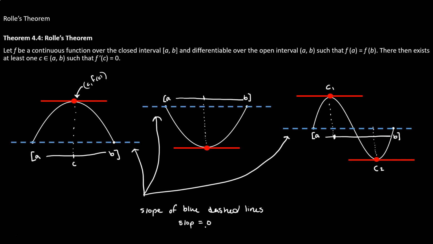And something that's pretty neat is Rolle's theorem is guaranteeing that there exists some point c within our interval from a to b, such that when you plug it into the derivative of your function, the result is 0, meaning the tangent line is parallel to this blue dashed line.